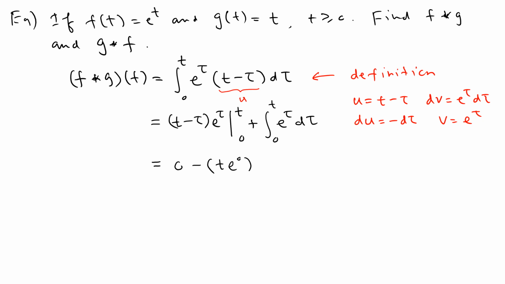The other one is easy to integrate, e^tau, evaluated from 0 to t. From the second one you're gonna get e^t. I put that first, and then you get a negative t here, and then minus 1 here. So that's the answer if you use the first product.